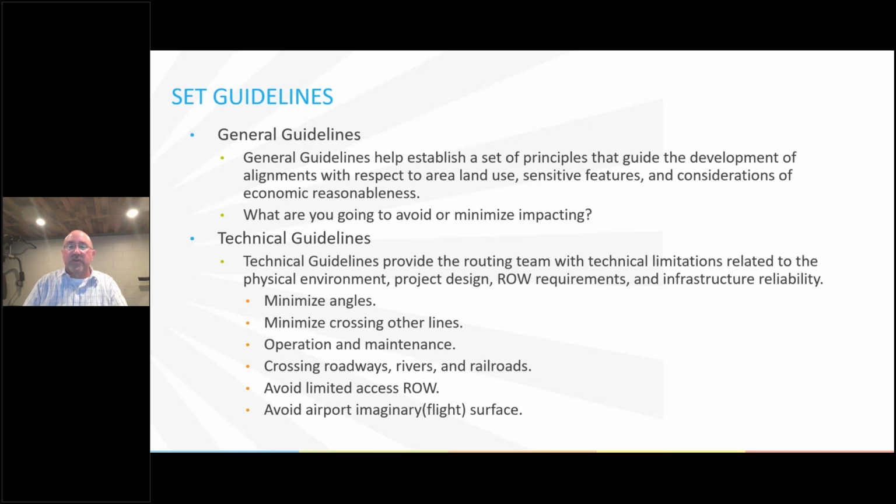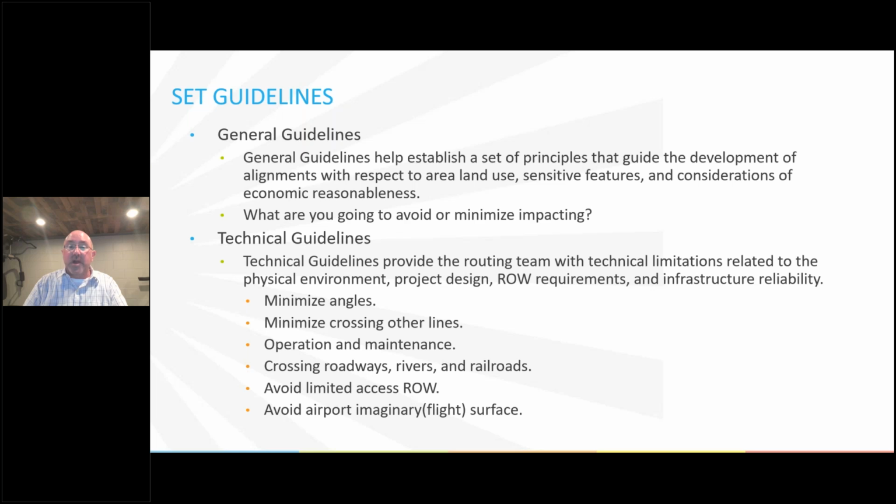Maximize the separation distance from and minimize impacts to airports, residential dwellings, commercial buildings, schools, daycares, facilities, hospitals, churches, and other community facilities. You want to avoid crossing directly over road intersections.